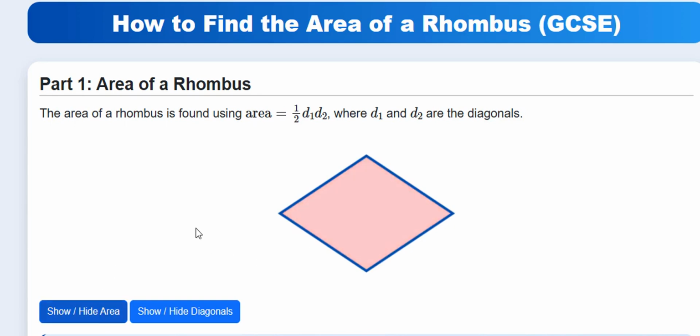So the area of a rhombus is given by half d1 multiplied by d2, where d1 and d2 are the diagonals of that rhombus. Like in this case, this is d1 and this is d2. And the area we are finding is that region enclosed by the rhombus. So with that knowledge, can we try an example?